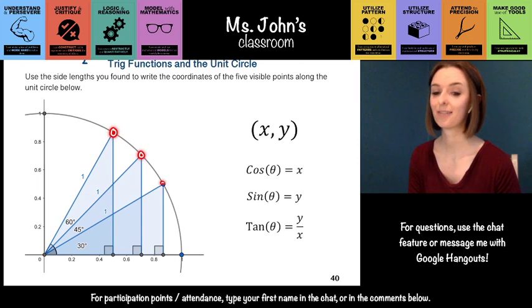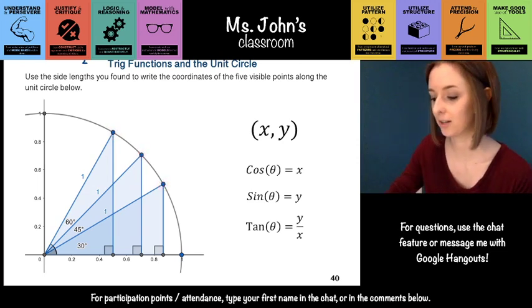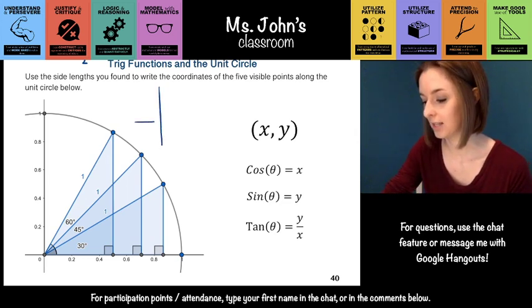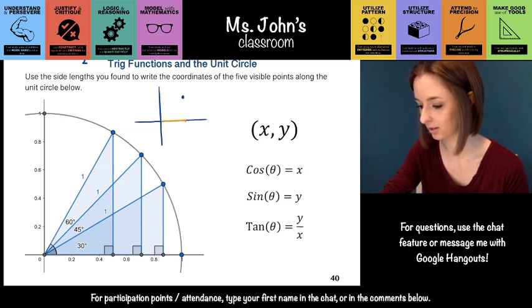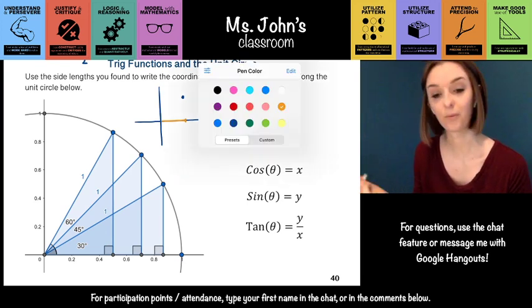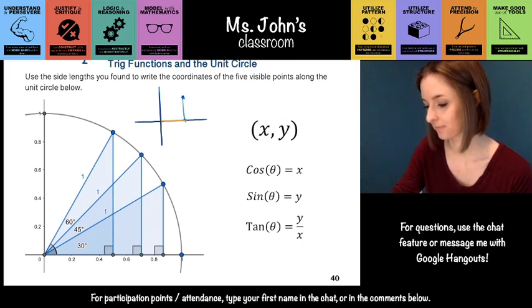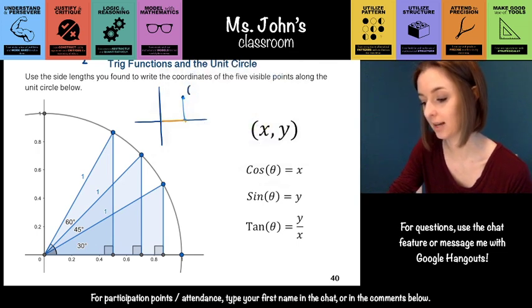Normally when we find coordinates of a point, we find the x value first, which is this length, and then the y value, which is this length, to figure out where that point is. So you end up with a point that says the x value of that point, and then the y value of that point.